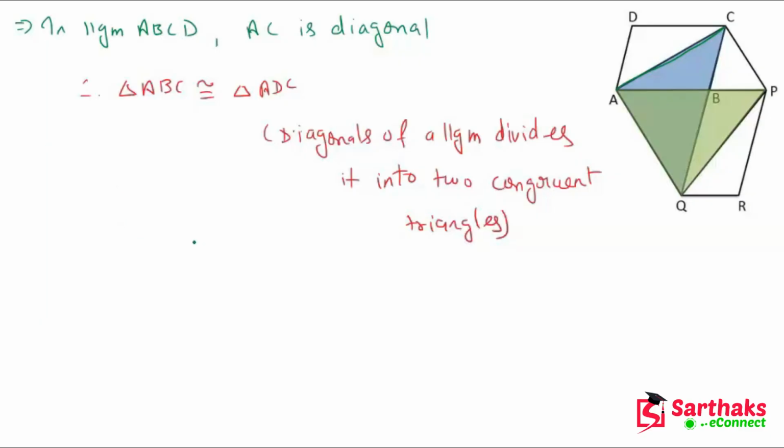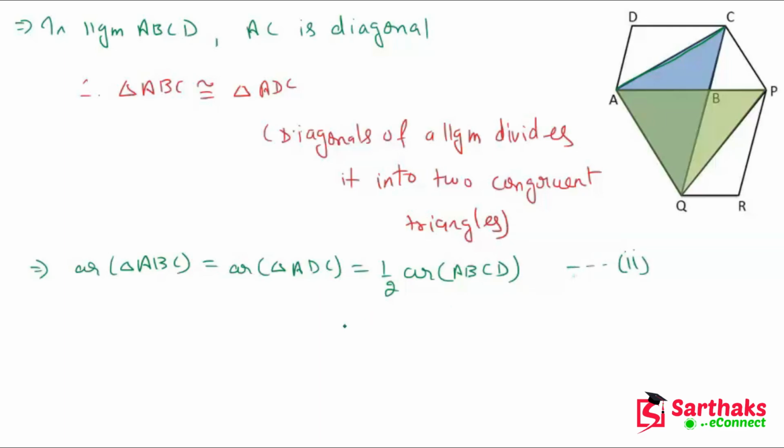If the two triangles are congruent, then the areas of these two triangles are also equal. So area of triangle ABC is equal to area of triangle ADC, which is also equal to half of the area of parallelogram ABCD. Let's suppose this is equation number 2.